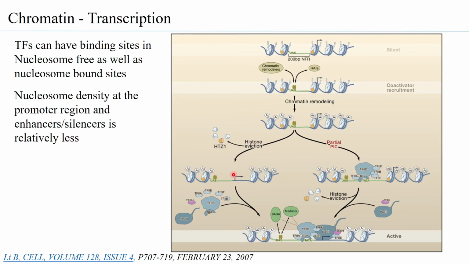And say this open DNA has a transcription start site, then the entire pre-initiation complex will get assembled here along with mediators or SAGA complexes that will come and bind, and then you will have initiation beginning. So from a silent transcription, it is going to an active transcription thanks to chromatin remodeling and histone acetylation.